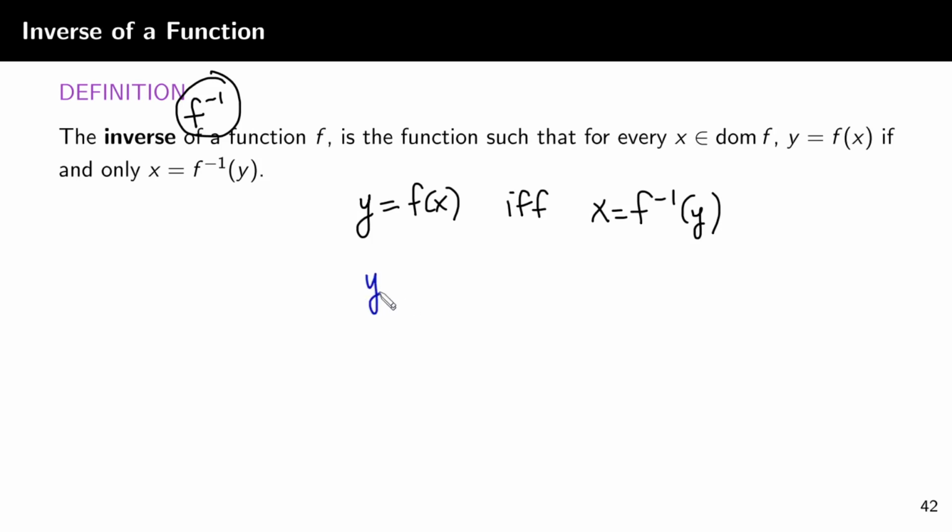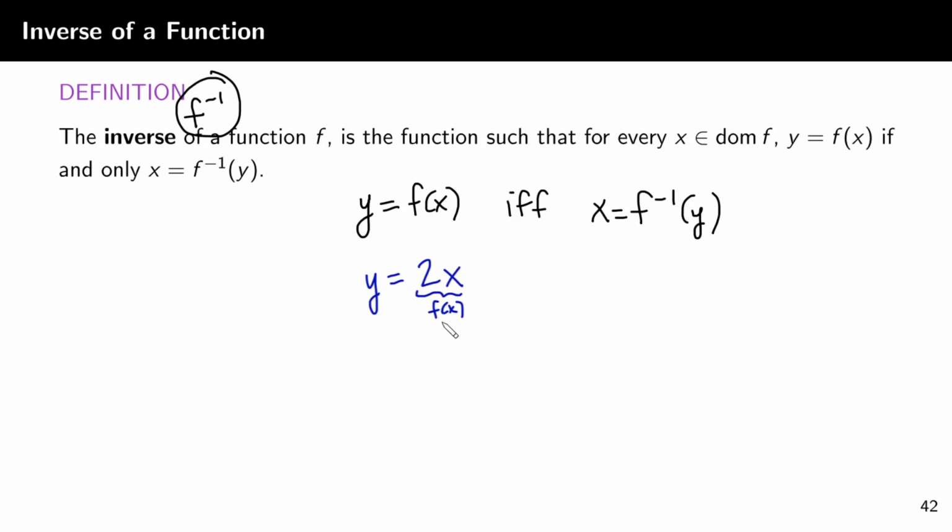If I have y is equal to, let's say, 2x, and the inverse, so ito yung f of x ko, then the inverse of f of x is equal to x over 2. In the later slides, I will give you the steps for finding the inverse.